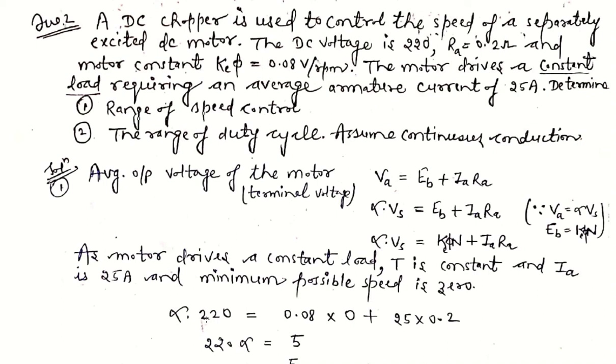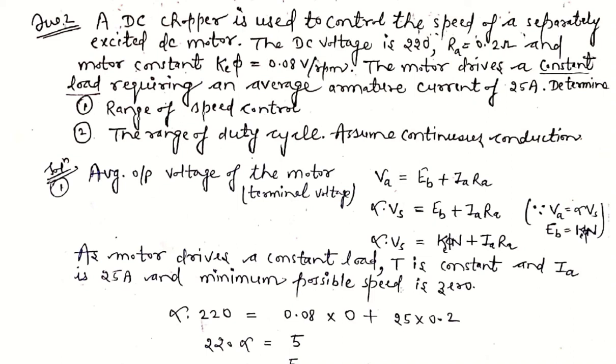If we put 220 volts in place of Vs, because the input DC voltage to the chopper is 220 volts, it is alpha times 220 equals Ke phi, given in the problem as 0.08, times n plus Ia Ra. We have to find the range of speed control, so we assume the minimum speed is 0 rpm.